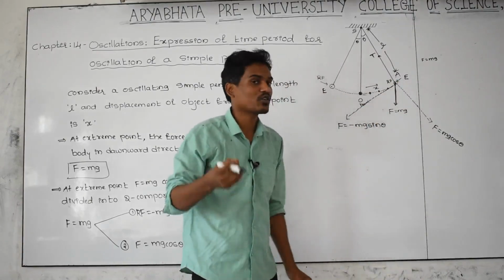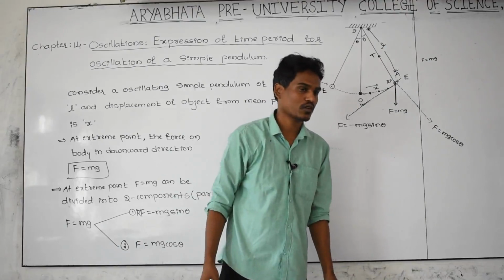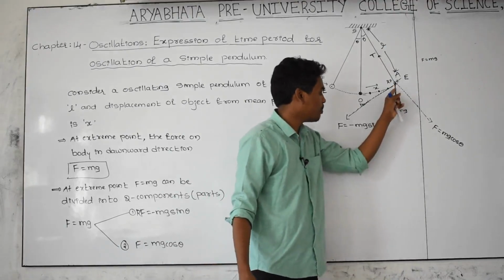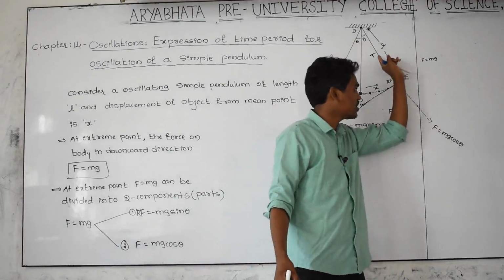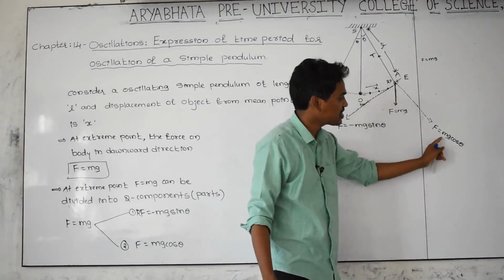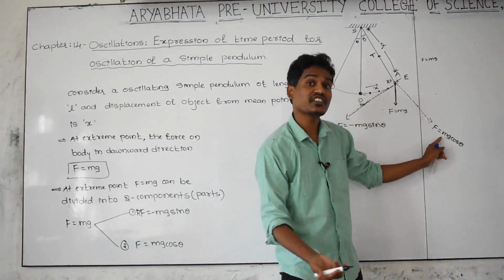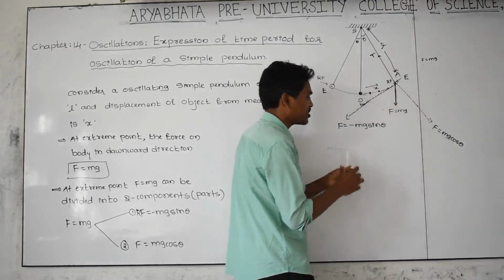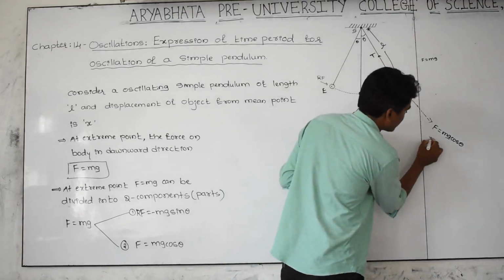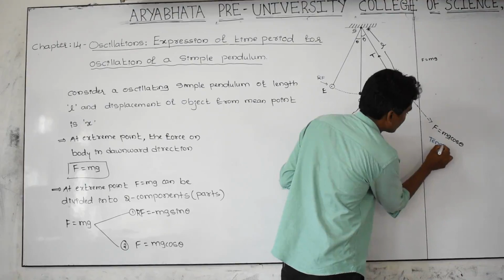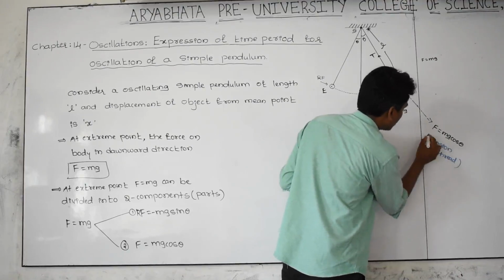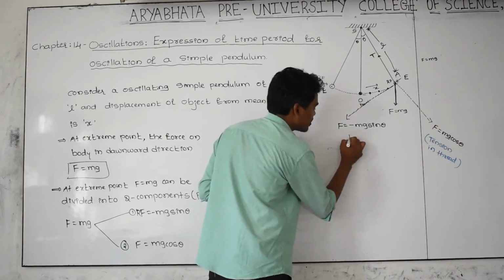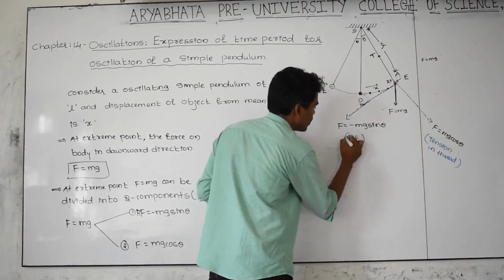That force we call the tensional force. Here minus mg sin theta is in this direction, mg cos theta is in this direction. Mg cos theta indicates tension in the thread, and this force indicates the restoring force in this direction.